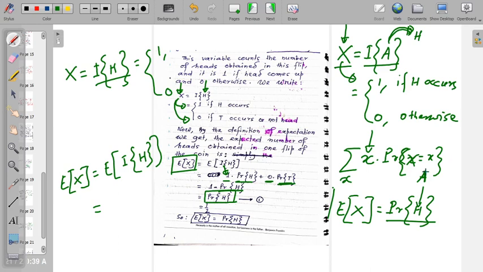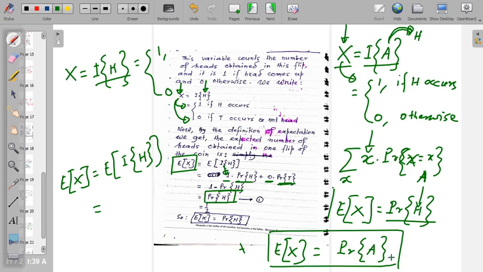It will differ from application to application: in the coin flip experiment it is the head, and for the ith candidate it is whether they are hired or not.